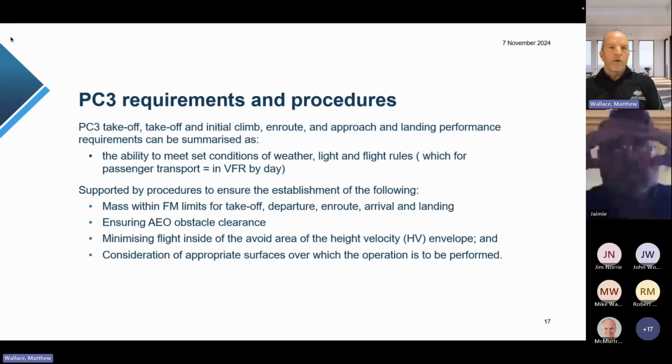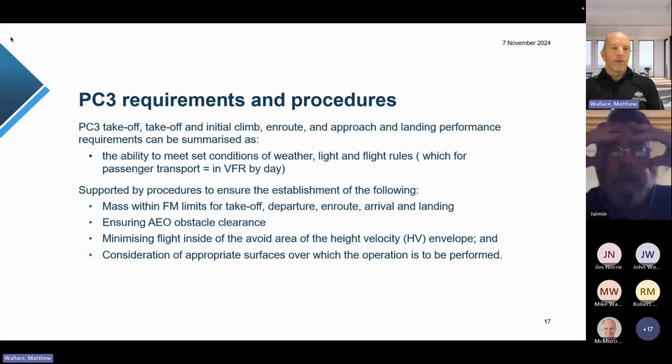PC3 requirements and procedures: PC3 takeoff, initial climb, en route and approach and landing performance can be summarised as the ability to meet set conditions of weather, light and flight rules. Light, as in we're talking about daylight, day VFR, for passenger transport in VFR by day, supported by procedures to ensure the establishment of the following.